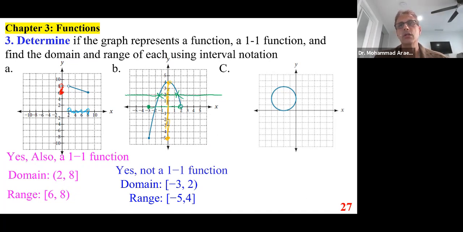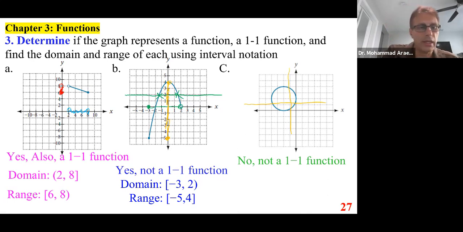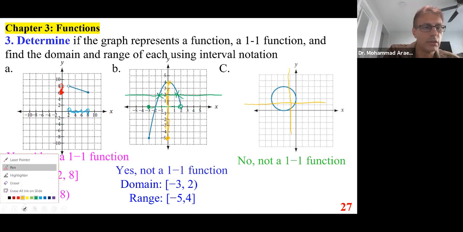The last one, it fails the vertical line test as well as the horizontal line test. I hope you see that. I can just draw something like that. So no, it's not a function. No, it's not a one-to-one function. So what is the domain? Let's use a different color here.